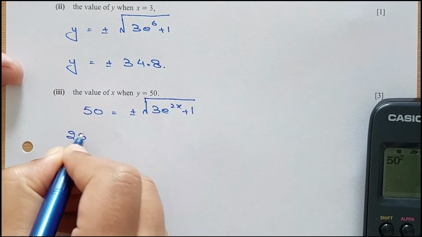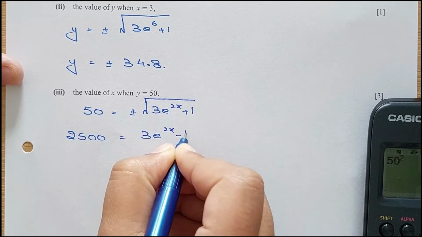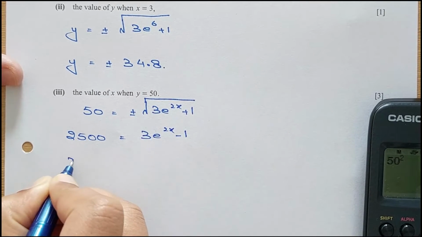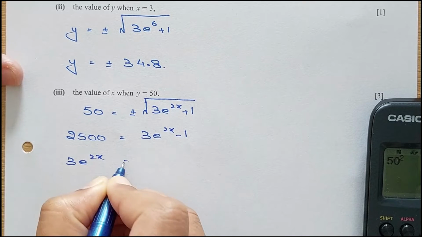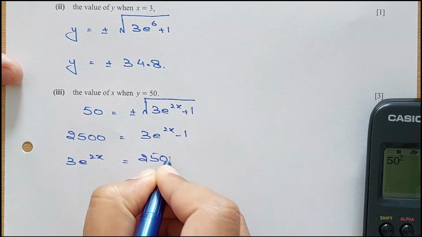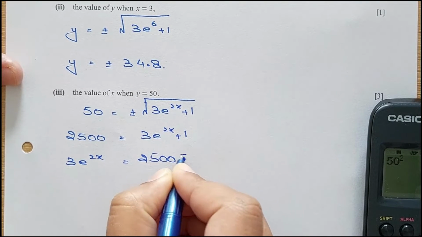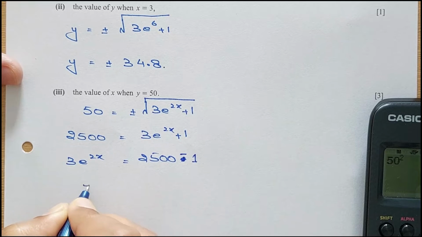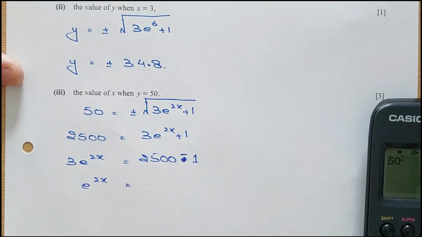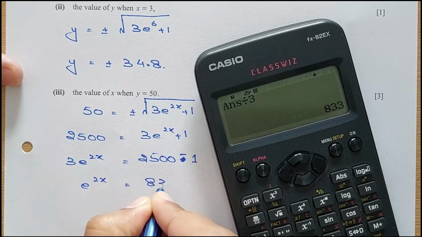This equals 3 e power 2x plus 1. Shifting this to the other side, we have minus 1: 3 e power 2x equals 2500 minus 1, and e power 2x equals, subtracting 1 and dividing by 3, 833.